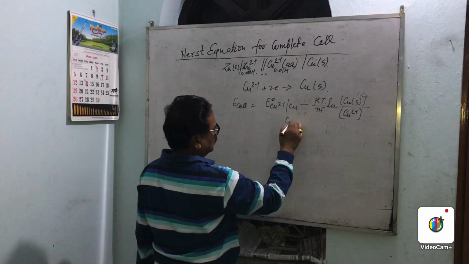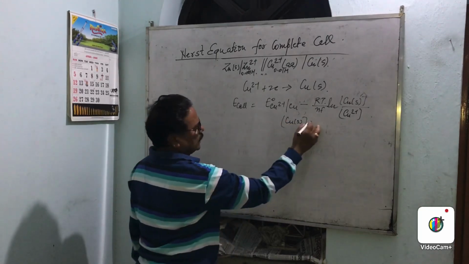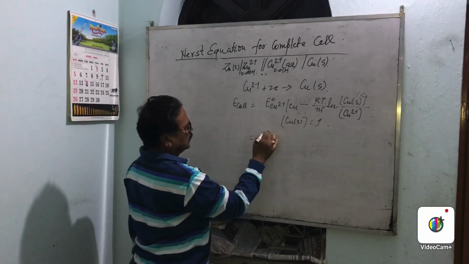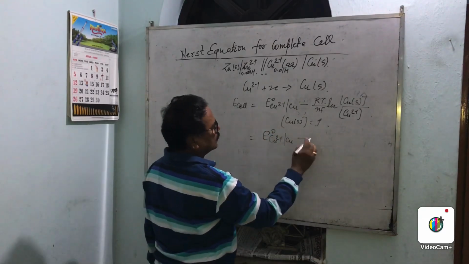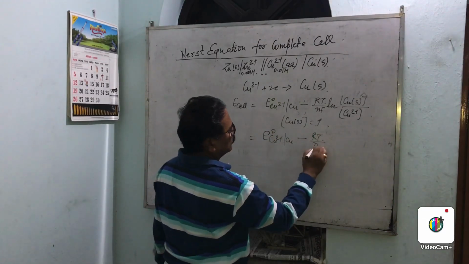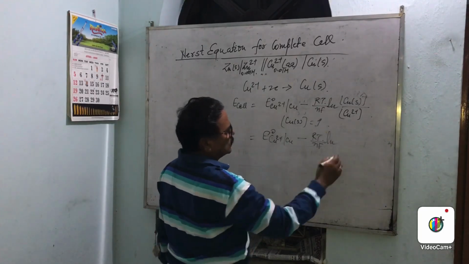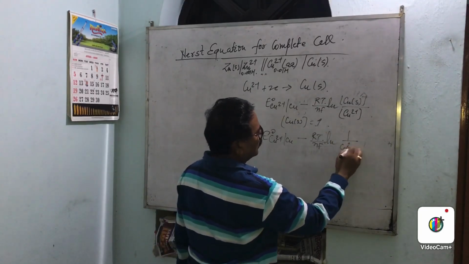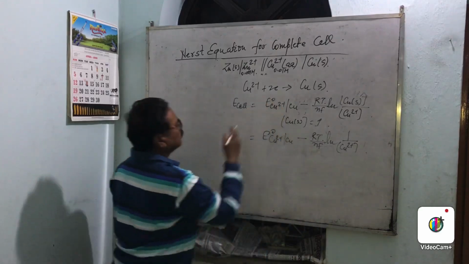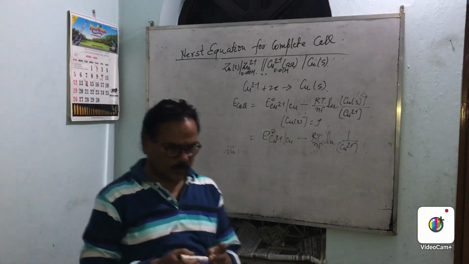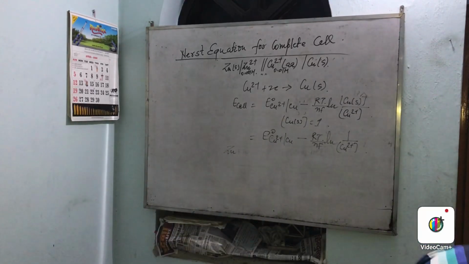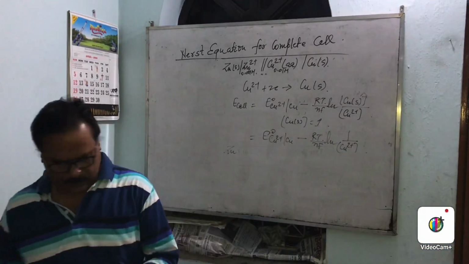So copper solid is always active mass, taken as 1. So it can be written as E0 copper 2 plus copper minus RT by NF and log 1 by copper 2 plus. Again, for the other half cell, it is also written in reduced form.